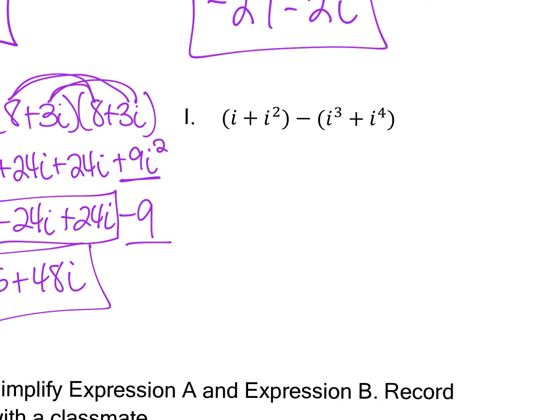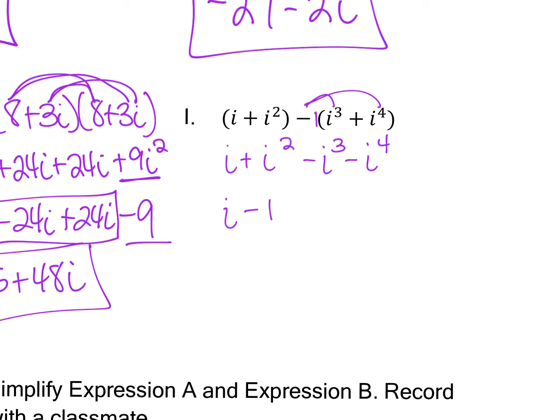All right, last one. So notice we're subtracting, so I need to distribute that. So that's a negative i cubed minus i to the 4th. And then I have i plus i squared. Okay, so remember i squared is a negative 1.